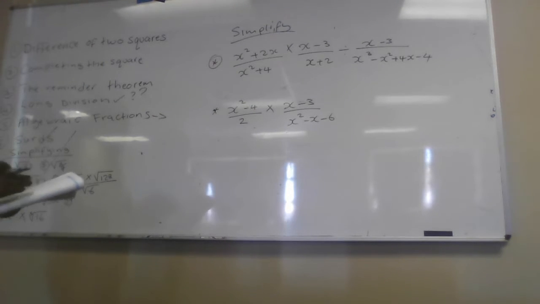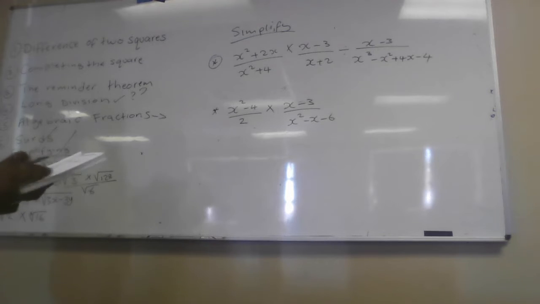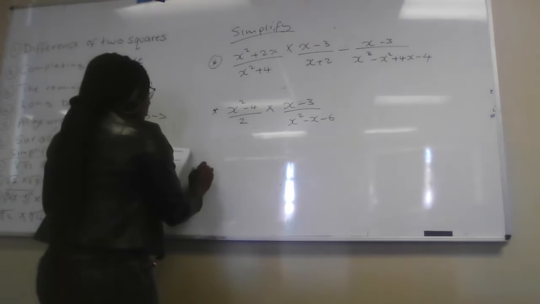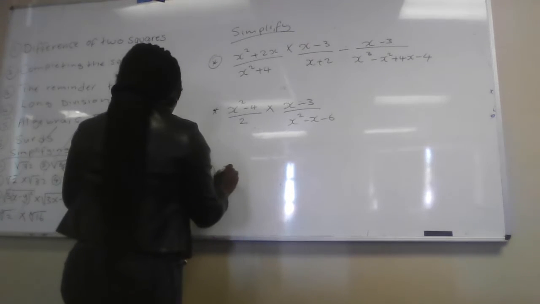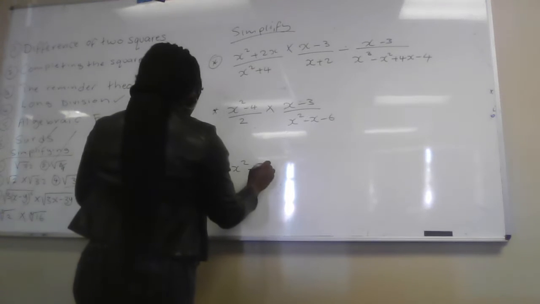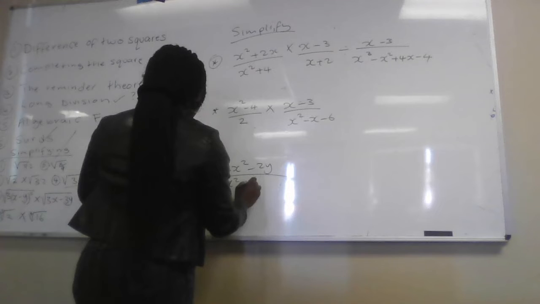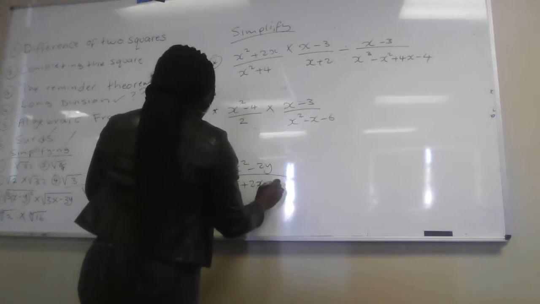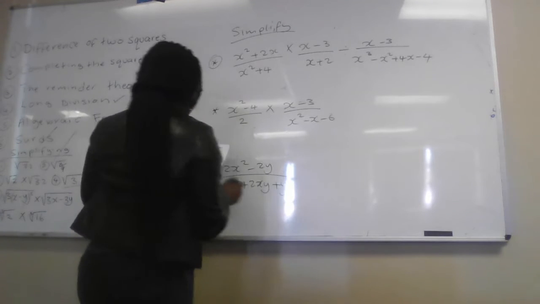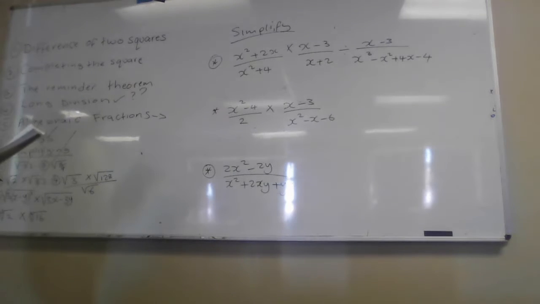Okay, those are the fractions. Choose only one: 2x squared minus 2y divided by x squared plus 2xy plus y squared. Simplify. They want you to make simple. They are not saying solve for x.